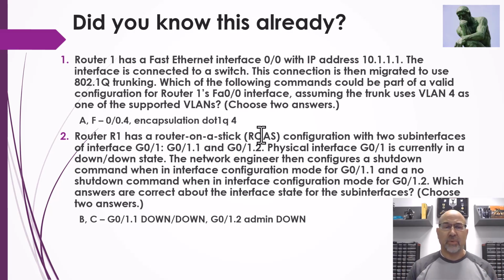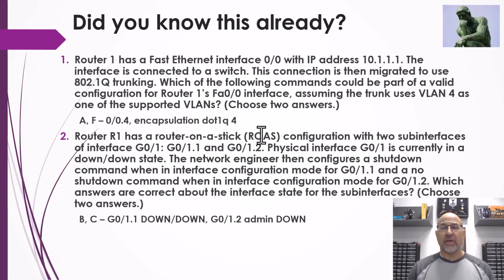And so the two things that we need to do are to have a subinterface, and we would use the encapsulation command. Router number 1 has a router on a stick configuration with two subinterfaces, G0/1.1 and G0/1.2. The physical interface is currently in the down state. That is no bueno right there. That is not going to be helpful for us.